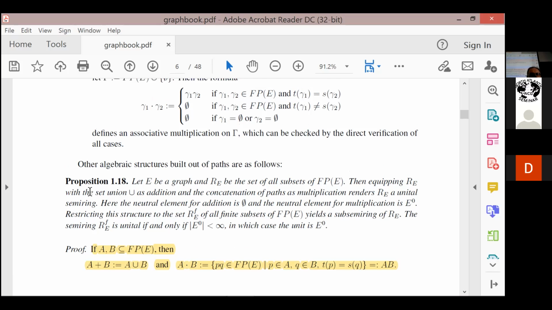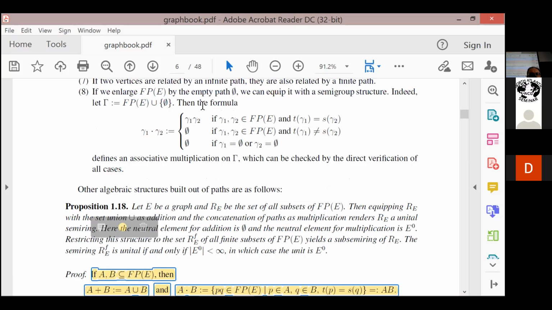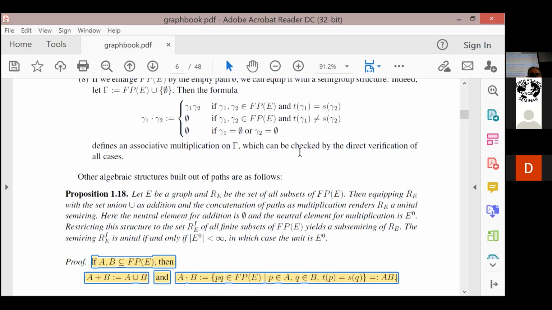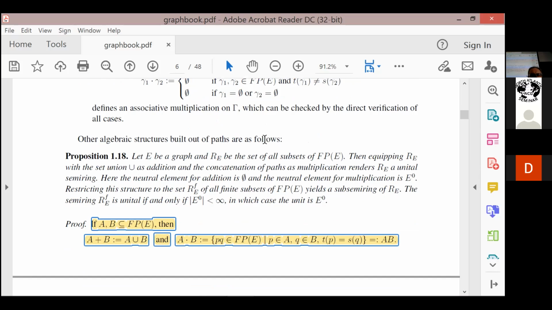I find this construction, which I heard in a lecture, interesting enough to mention, that you can so easily turn FPE into a semi-group, but I don't find it useful. It exists, it's consistent, fine. But I prefer this one because it really directly reflects what's happening for path algebras.